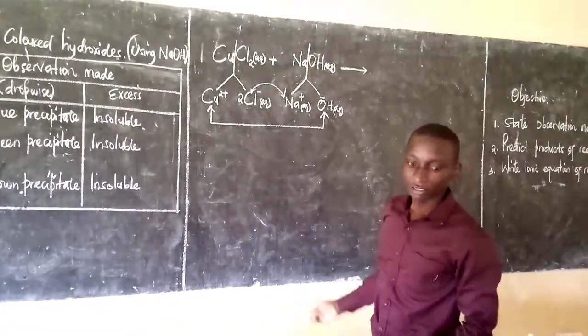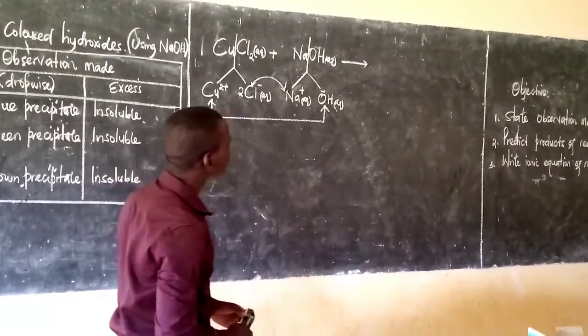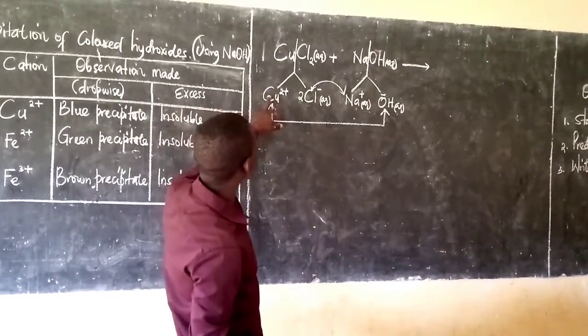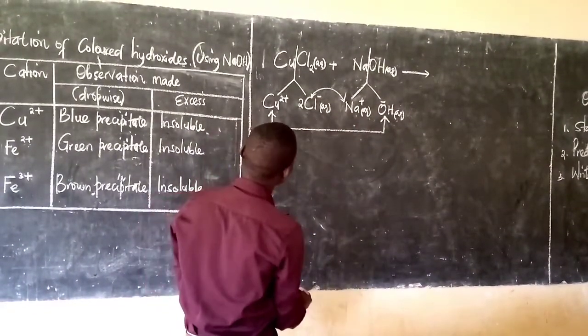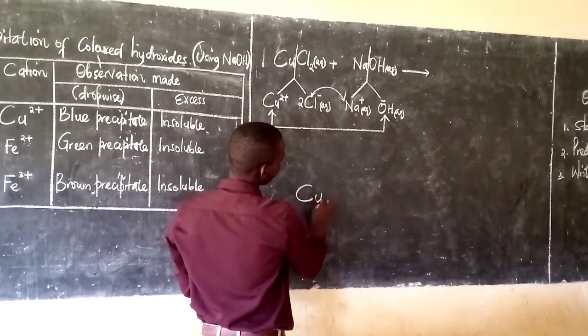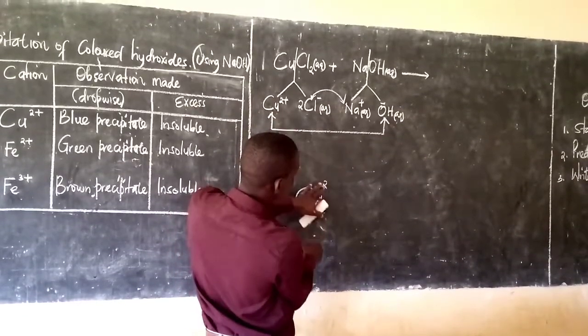Next step, if I've seen that I can predict the products, can I write the formula of those products? Because copper is coming to meet this hydroxide radical. Let us try it out here and see. If copper meets the hydroxide radical, let us come up with the formula of what we get. Copper is from this, the valence is 2.